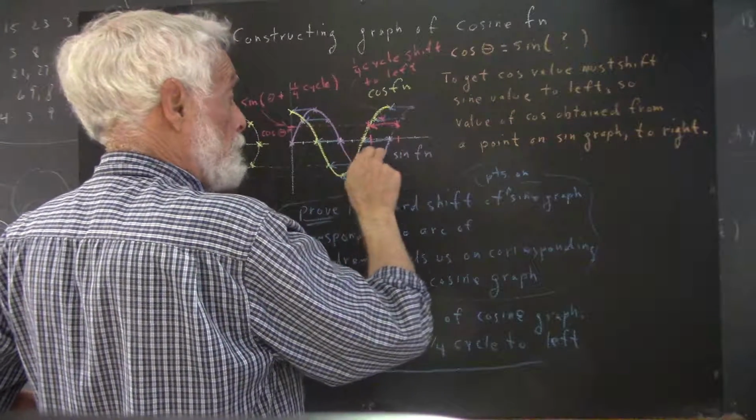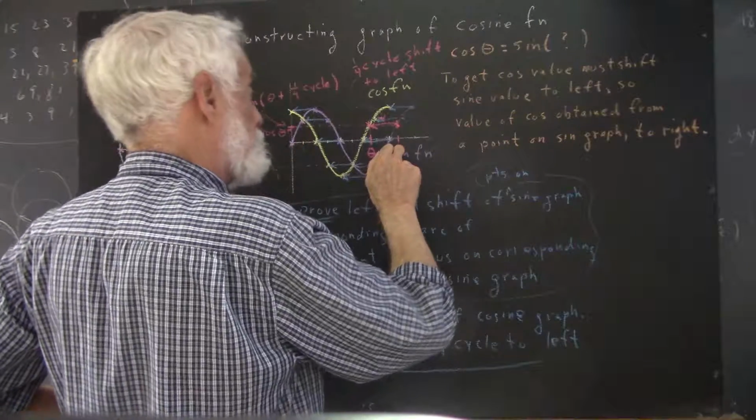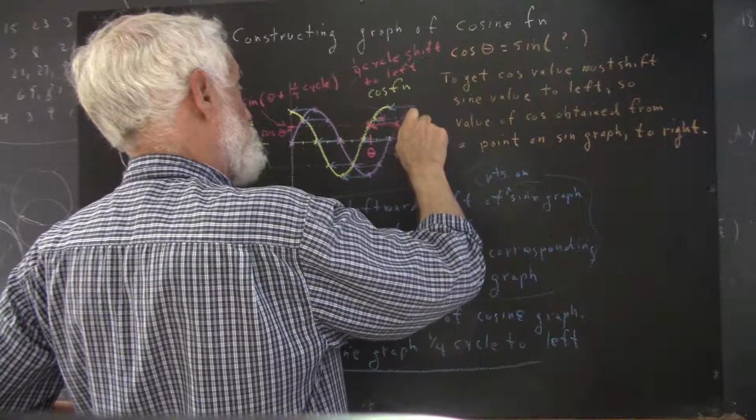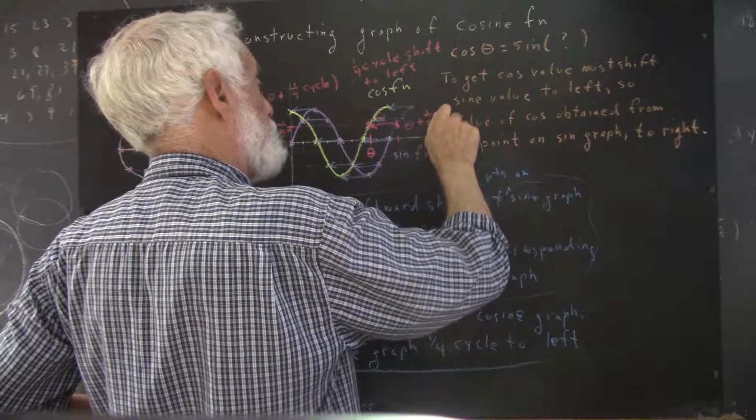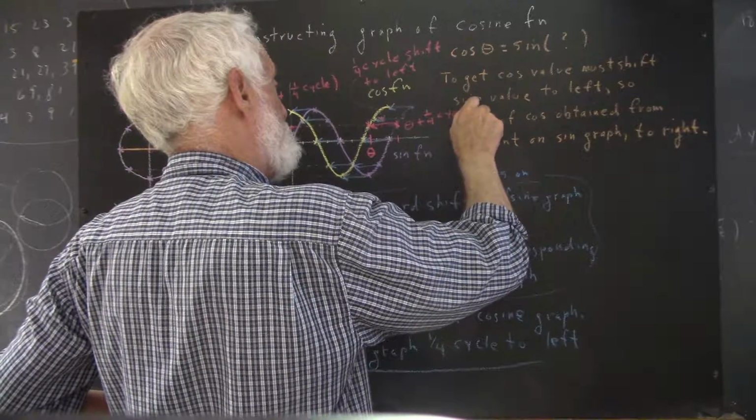So from theta we're going to have to move a quarter cycle to the right to get to this point. So the coordinate of this point is theta plus 1/4 cycle.